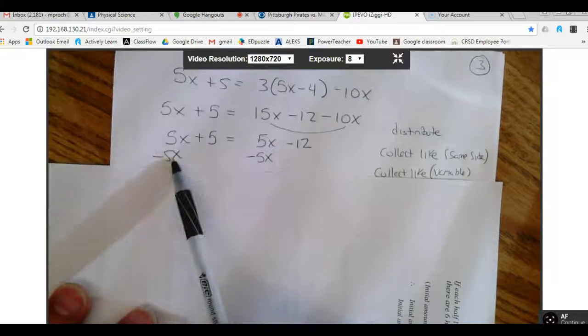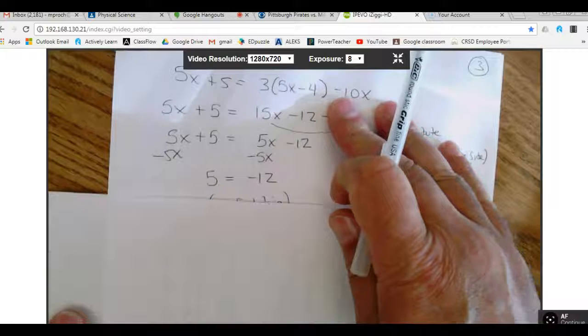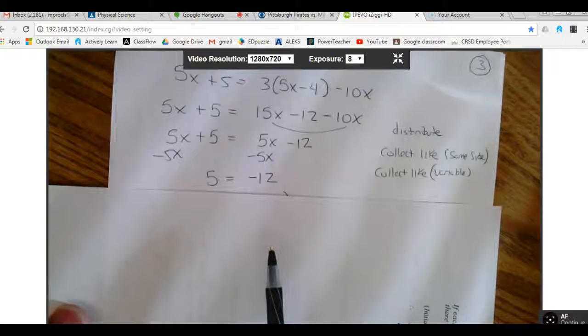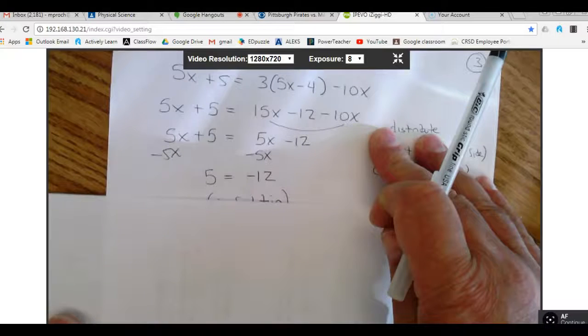And 5x minus 5x is what? It's 0. So we end up with 5 equals negative 12. Is that true? Does 5 equal negative 12? No. So this is an equation that's no solution.